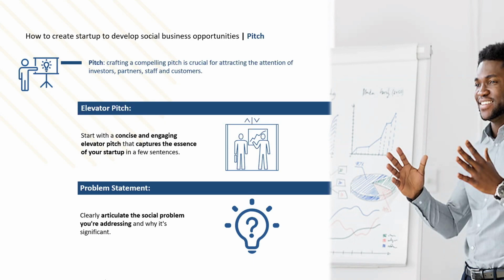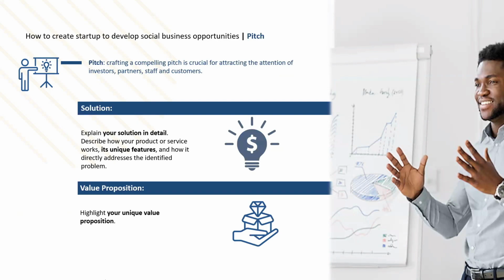Again, as we talked about the business plan, you show the social problem that you are addressing. It means that you clearly demonstrate the impact that your idea, your startup, can create in your social environment, and which solution you have found, its unique features, as you can read. It's important again and again when you talk about your pitch.